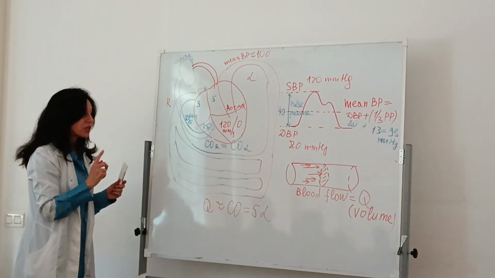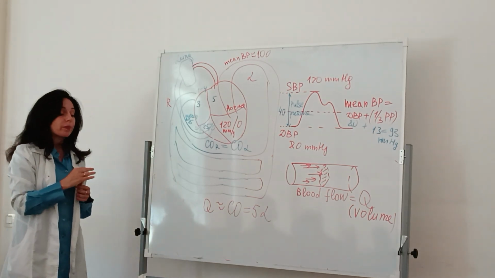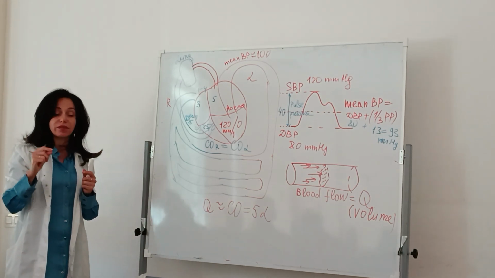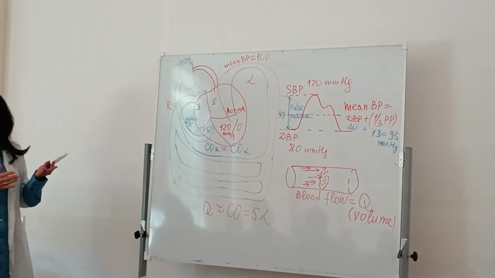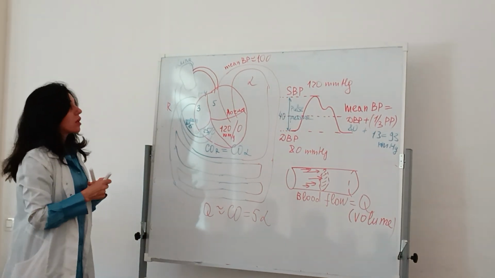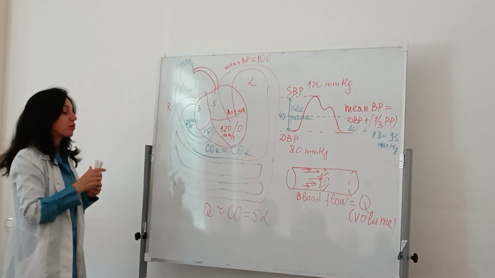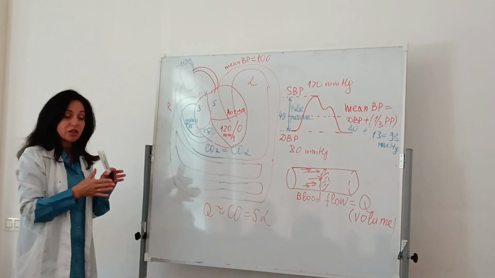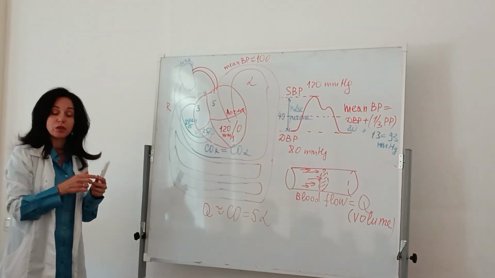This equals cardiac output in all blood vessels of the given type in systemic or pulmonary circulation. So we have a series arrangement of different types of blood vessels, and across each type 5 liters flows per minute.